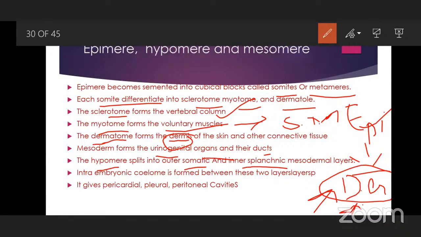The intraembryonic coelom is formed between these two layers. So the coelom is present in between the outer somatic and inner splanchnic mesoderm, and it gives space for the pericardial cavity, pleural cavity, and peritoneal cavities.